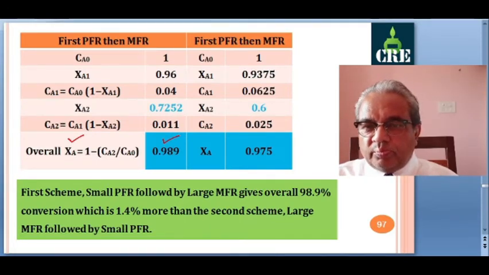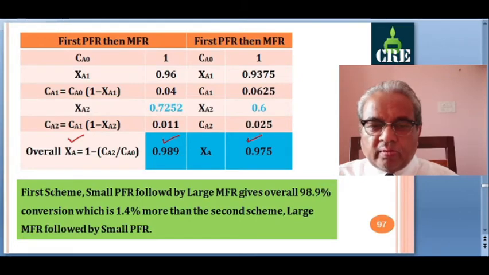Second scheme, first MFR then PFR. So here Xa1 is 0.9375. So Ca1 you calculate, Xa2 is 0.6, Ca2 you can calculate as 0.025, and from here Xa we get as 0.975.